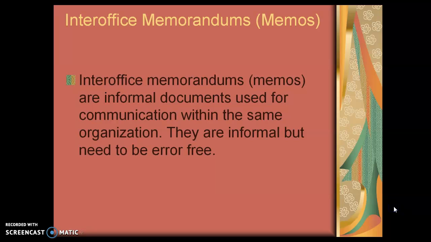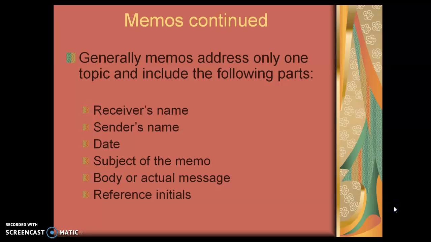Interoffice memorandums. We call them memos. Interoffice memos are informal documents used for communication within the same organization. They're internal. They are informal, but they need to be error-free. Generally, memos address only one topic and include the following parts: the receiver's name, the sender's name, the date, the subject of the memo, the body or the actual message, and reference initials.